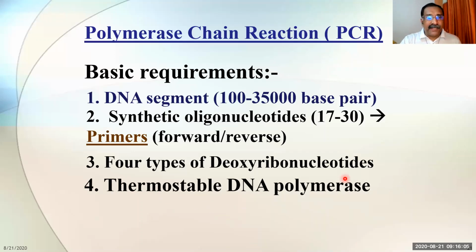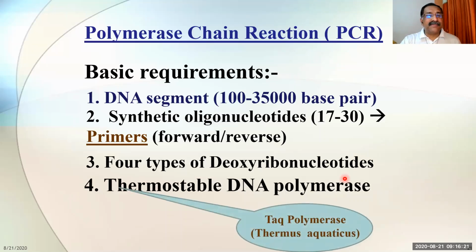Then the fourth component is that a DNA polymerase enzyme is required that is thermostable. Normally we use the Taq polymerase enzyme, from Thermus aquaticus. Why is it thermostable?